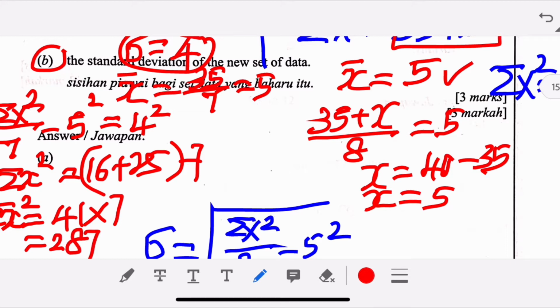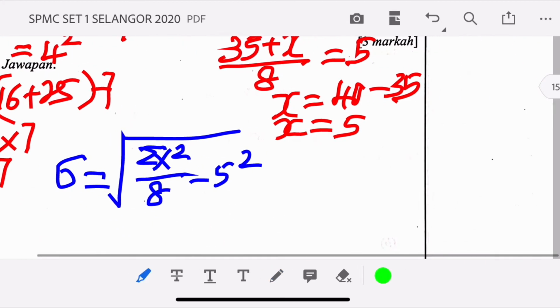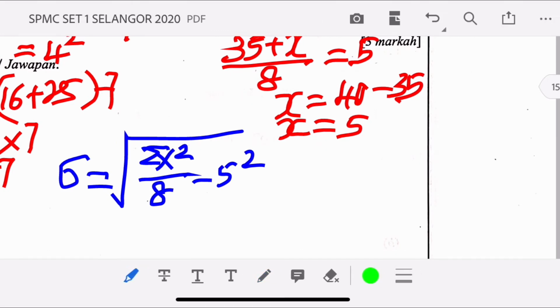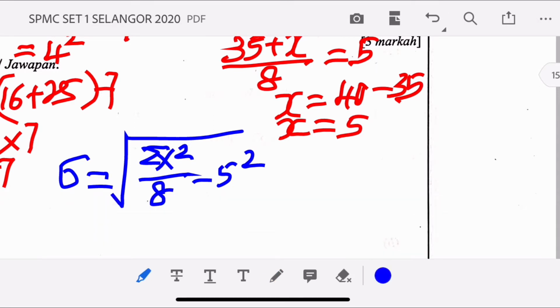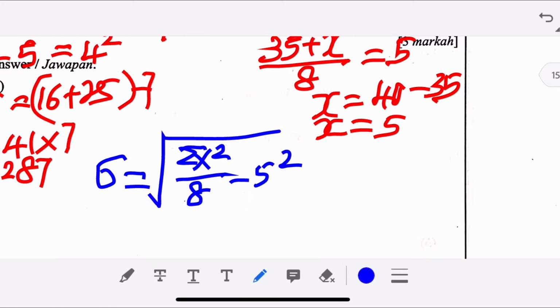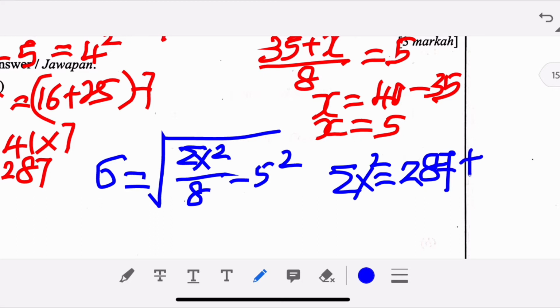which is 287. Because we added 5 just now, the sum of the data square for the new set of data will of course be affected after you added the 5. So the sum of the data square should be the original sum of the data square plus the 5 squared. So it's 287 plus 25.